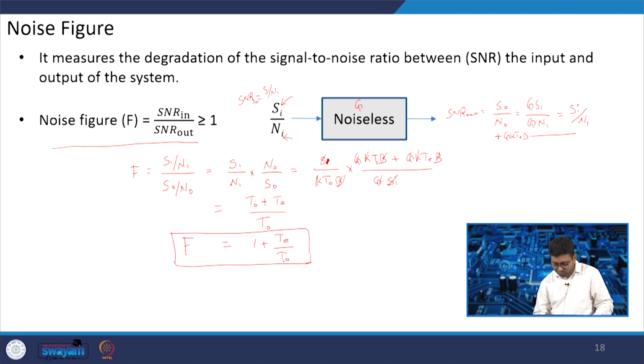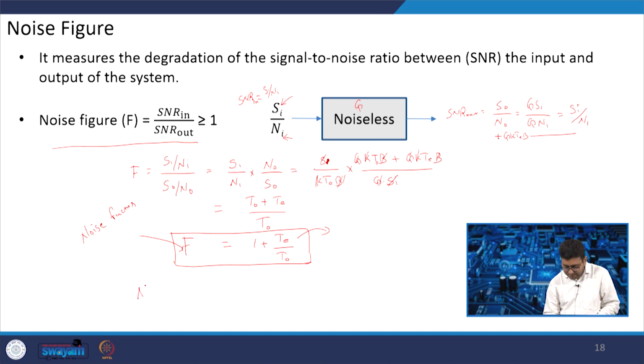because it is in absolute terms. This is the noise factor F, which is equal to 1 plus Te by T naught. In the last example we already found the equivalent temperature Te, and we know T naught, so we can easily find the noise factor. Then what is the noise figure?